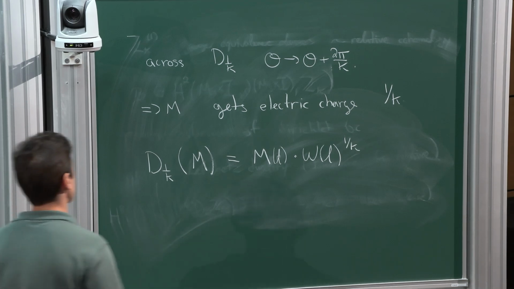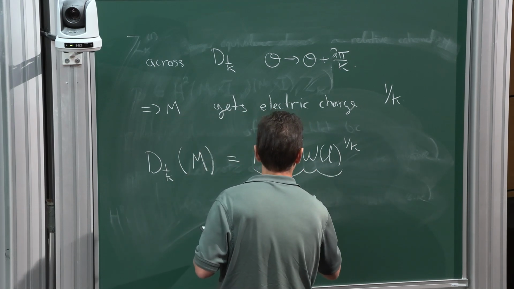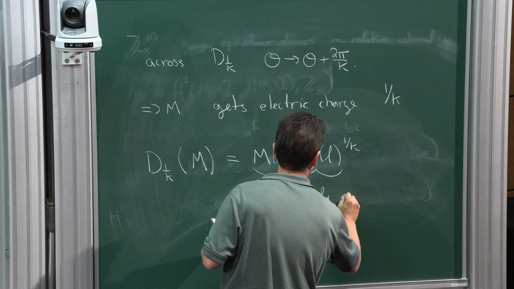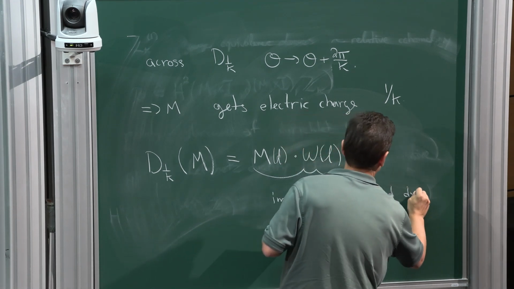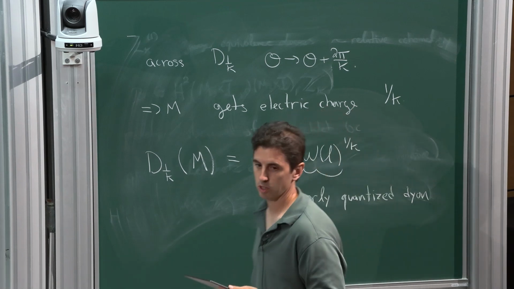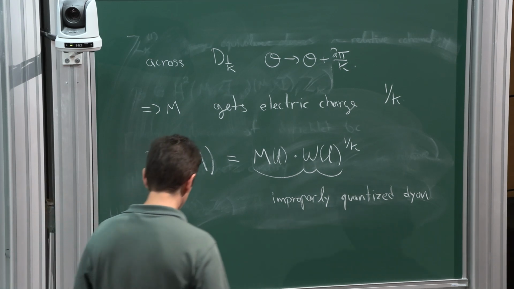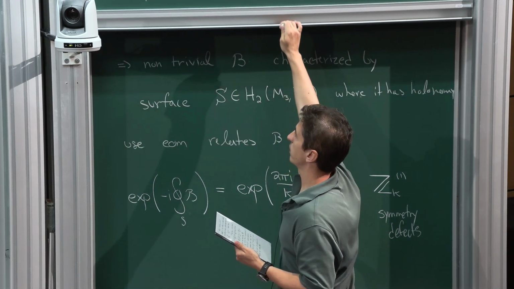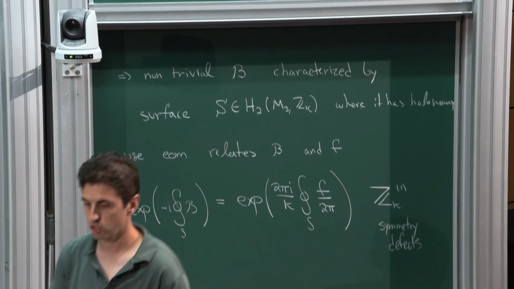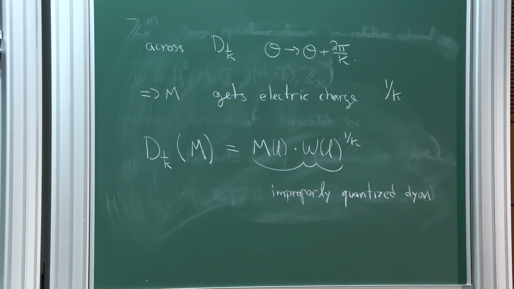But to start, you could think this is an improperly quantized dion. It's improperly quantized because it doesn't seem to have integer electric charge. Now, let's say in a more transparent language what an improperly quantized dion is really supposed to mean.